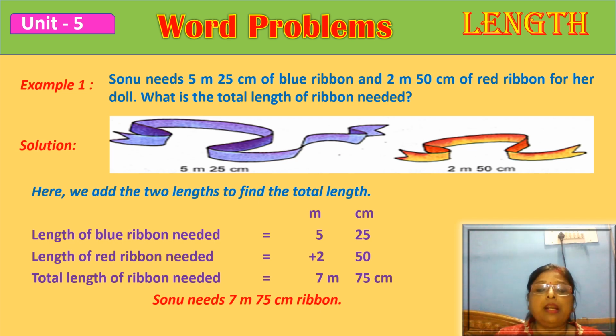So for the total length you have to add both. After adding you get the answer 7 meter 75 centimeter. So in your answer column you have to write: Sonu needs 7 meter 75 centimeter of ribbon. In this way you can do the rest of the sums which are based on it.